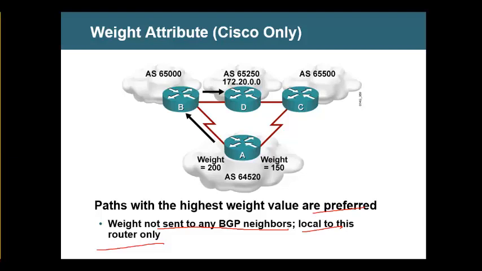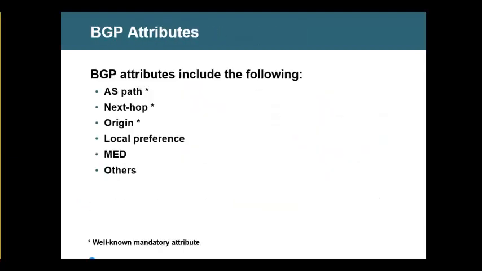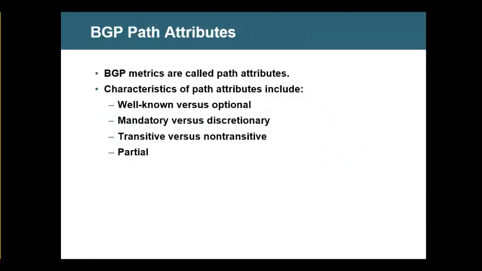It is used to decide on the local router. First of all, it is not well-known because it is Cisco only. There is no concept of may be present, may not be present, because it is not useful for anyone else. It's only for local. So it's not any of these categories.